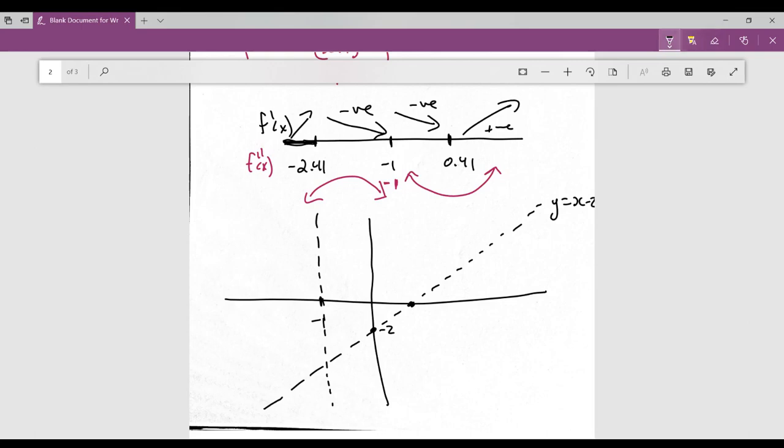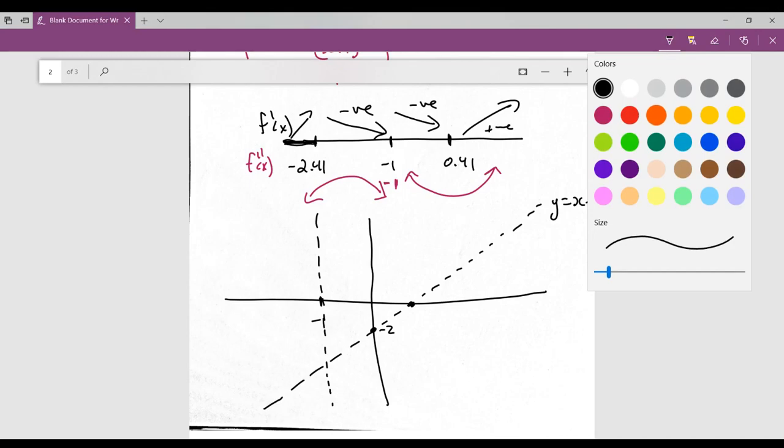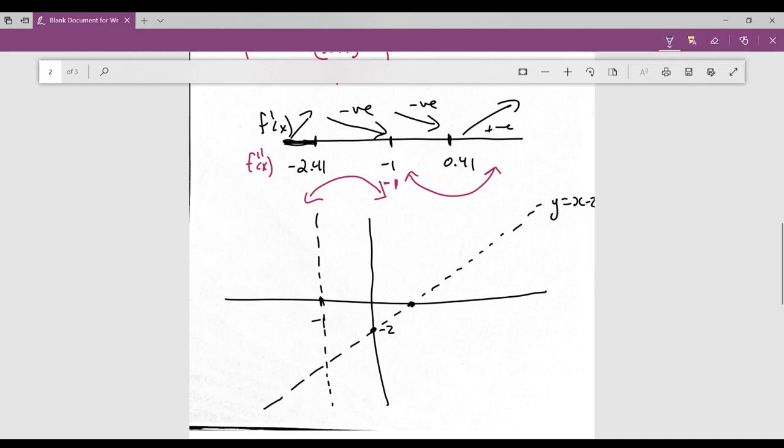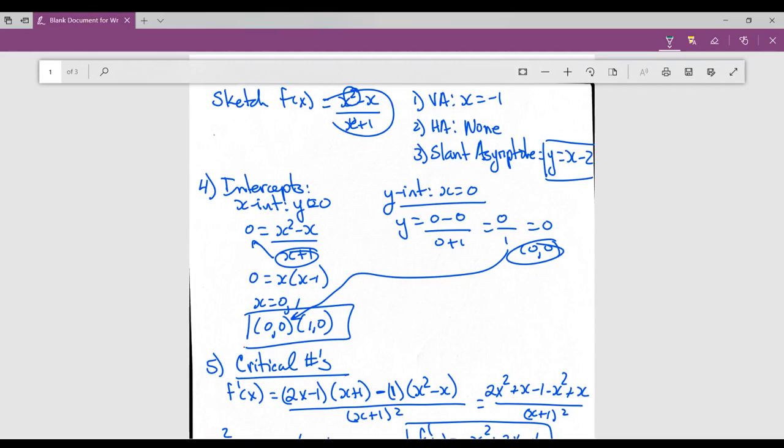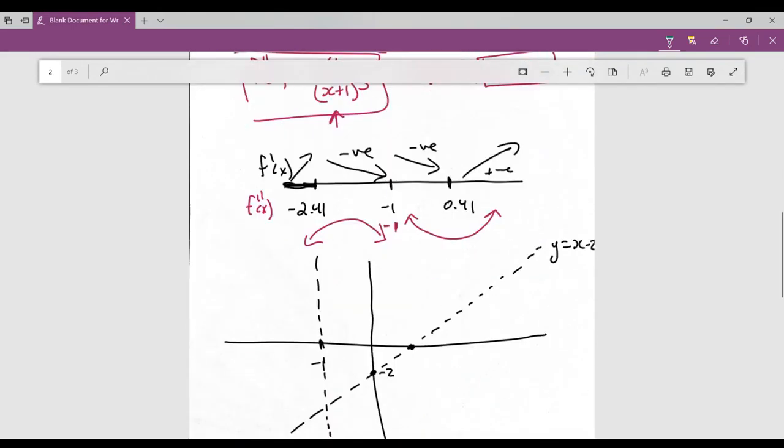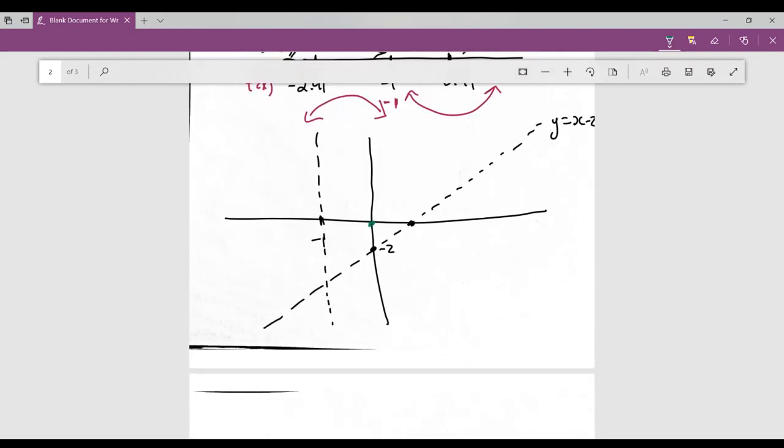I'm going to start to use different colors because we have to mark our x and y intercepts. 0, 0, and 1, 0.